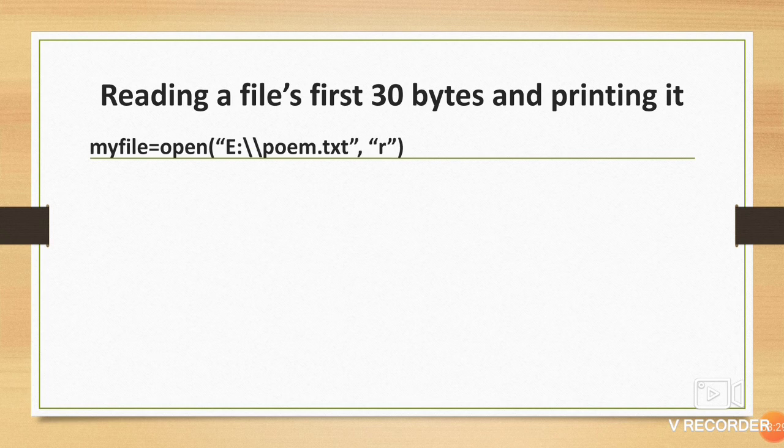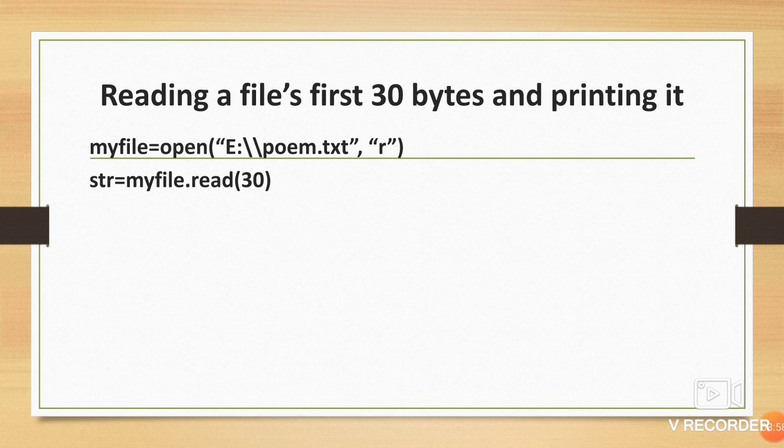So myfile equals open, inside the opening and closing parenthesis in double quotation marks the path to poem.txt, comma, in double quotation marks r. And after that str equals myfile dot read, inside the parentheses 30.